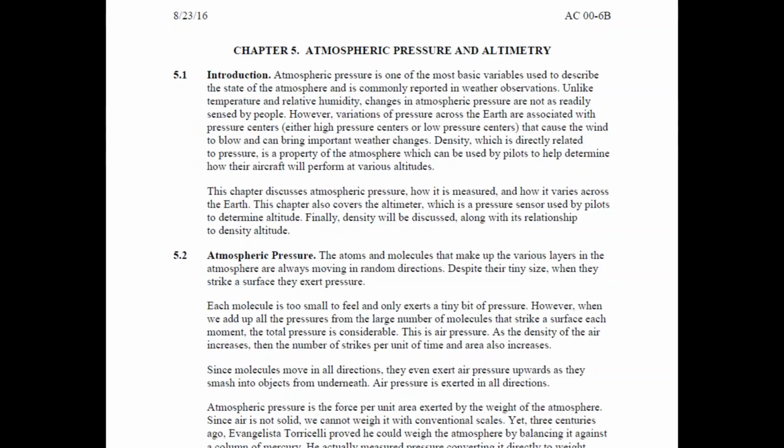Say here in St. George, 2,800 feet, you'd probably round that up to 3,000, just for ease of calculation. So you would be at about 9 degrees Celsius, which should be more or less what the standard atmospheric temperature would be in St. George if it was a standard atmosphere.